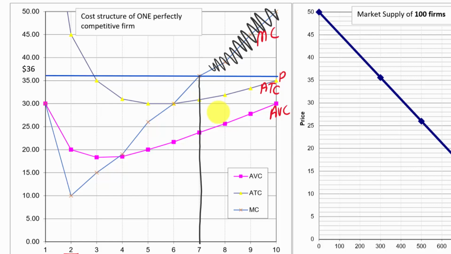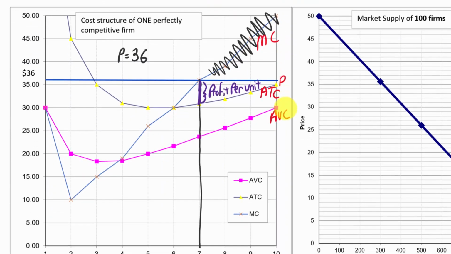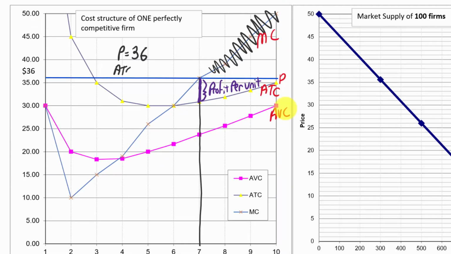Now that distance there between, let me do this in purple, that distance right there between the price and the average total cost, you can think about that as the profit, but not the total profit, but the profit per unit. Let's use the table to help us understand what I'm trying to say here. If the price is $36 and the average total cost, let's look that up, when we're producing 7 units, is $30.86.